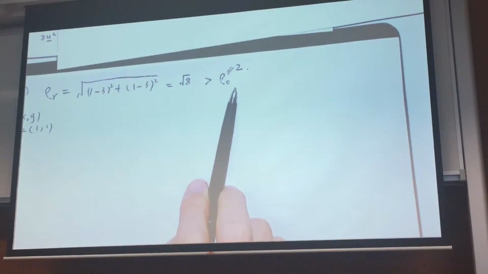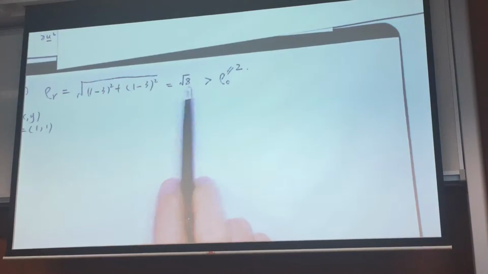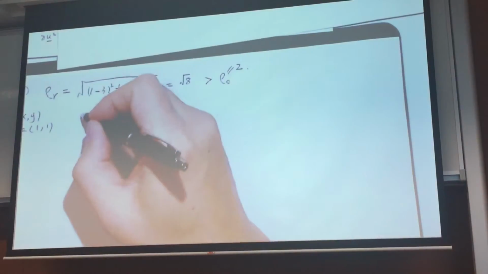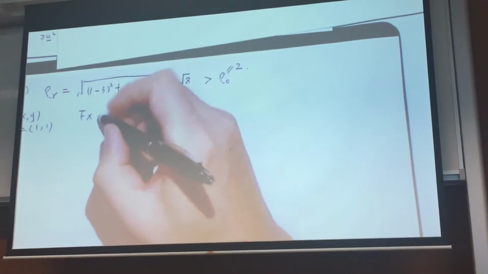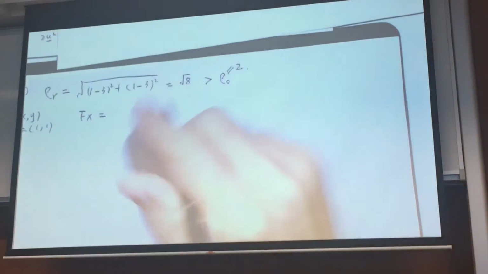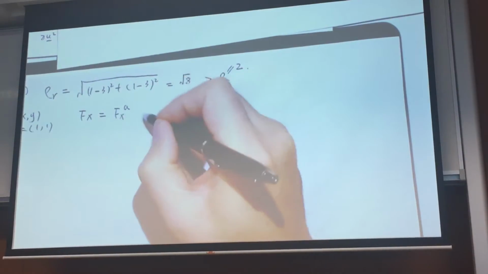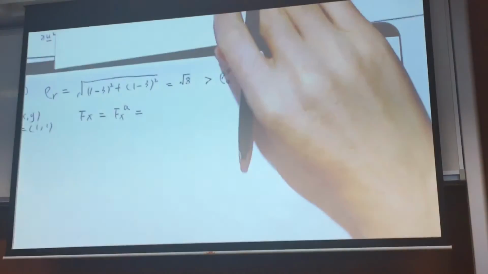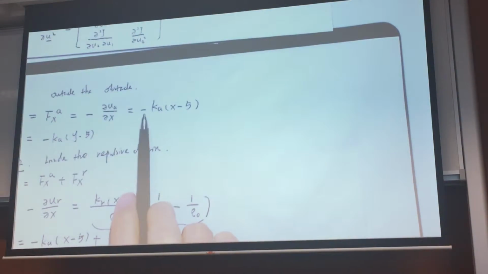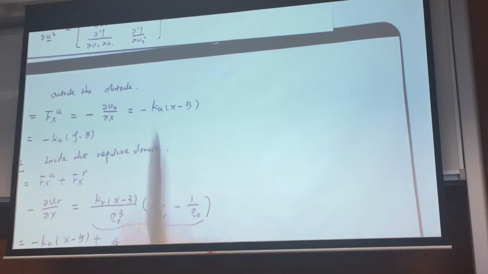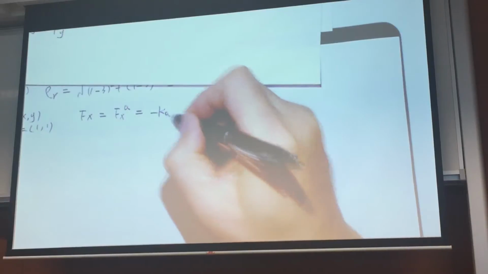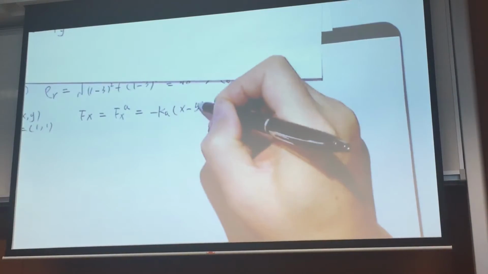the obstacle. When the vehicle is outside the obstacle, the fx is just given by this fxa. You can evaluate this equation: minus ka x minus 5.